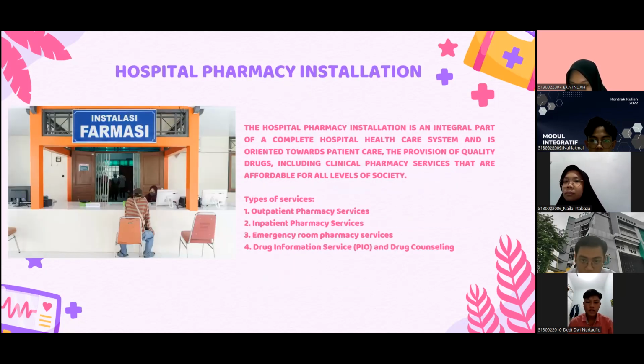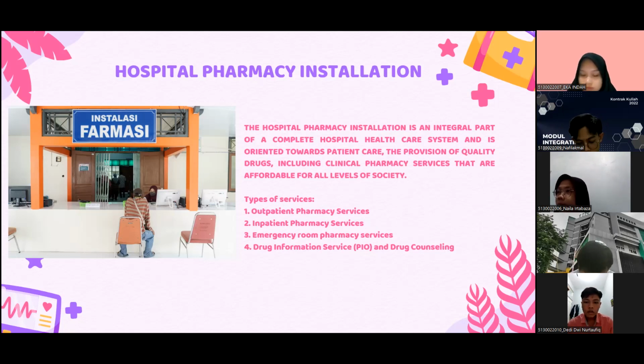Hospital pharmacy installation. The hospital pharmacy installation is an integral part of a complete hospital healthcare system and is oriented towards patient care, the provision of quality drugs, including clinical pharmacy services that are affordable for all levels of society.